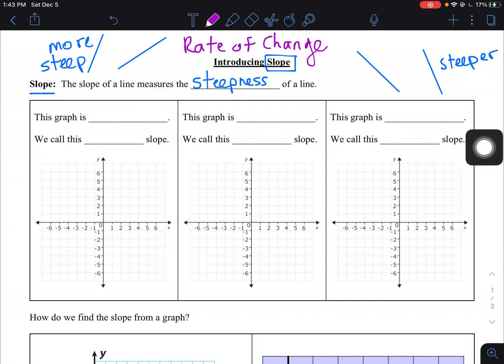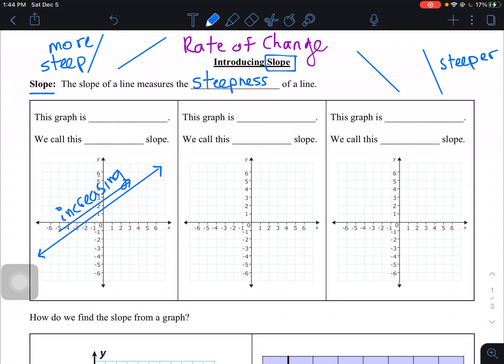So let's look at our first graph. I'm just going to draw a line. If we look at this graph going from left to right, you can see that we are increasing. We would call this graph increasing.